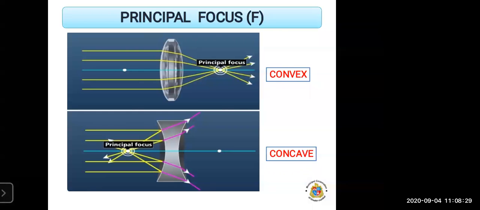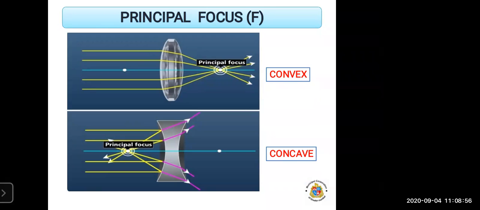Remember this. Now what about the concave lens? Look at the diagram. The diagram is different, right? Now the yellow color lines are nothing but the incident rays, right? When these rays are parallel to the principal axis, they get incident on the surface of the concave lens.